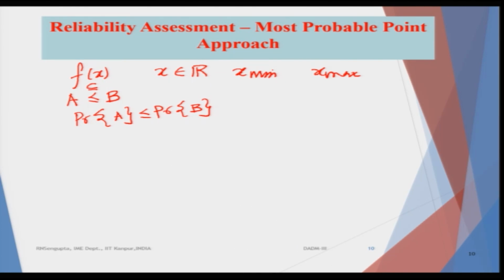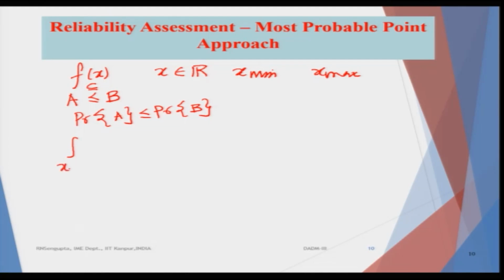Probabilities cannot be negative, they are 0 or positive. So for any additional values of x realized, the CDF value will be increasing. That is point 1.